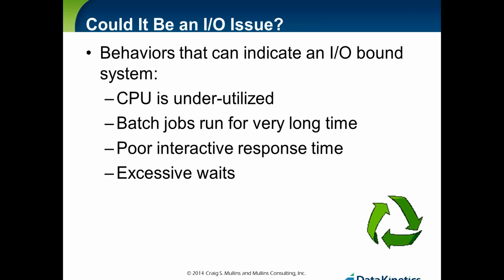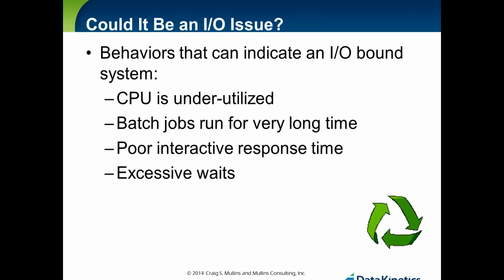So I/O can be an issue, but how do you know that an application is I/O bound? In other words, performance is being impacted because it's waiting on I/O operations to continue processing. Well, there's a couple things shown here on this slide that can indicate that you have an I/O issue.